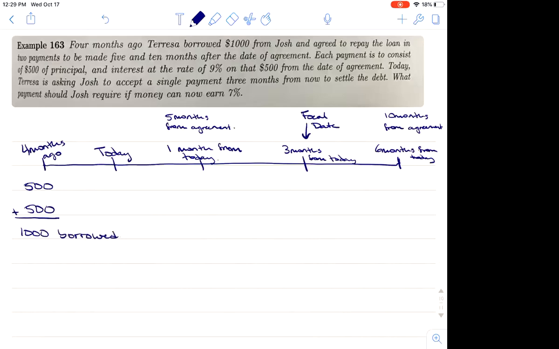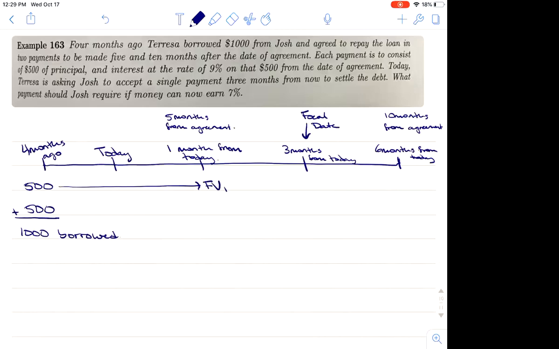And then we said, okay, here, this little guy, this first 500 was supposed to be repaid 1 month from today. So this would be some future value 1. So she's supposed to repay future value 1. Same idea.